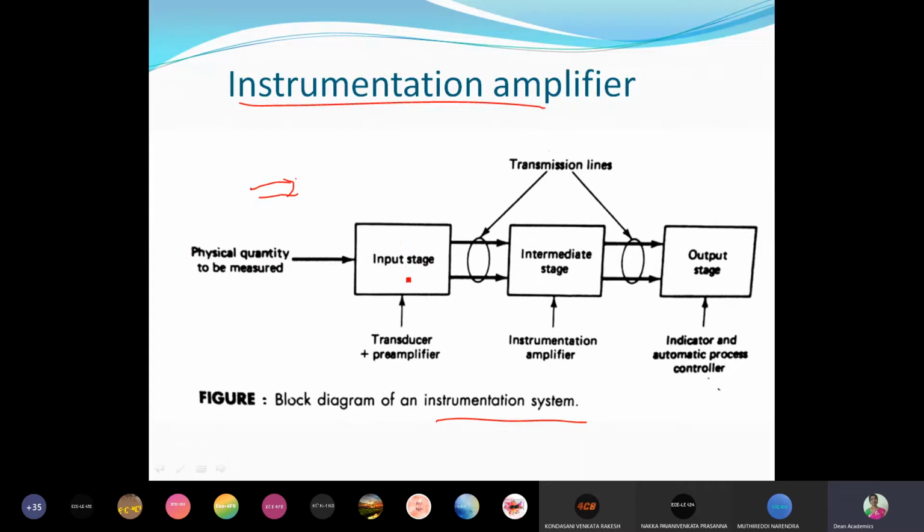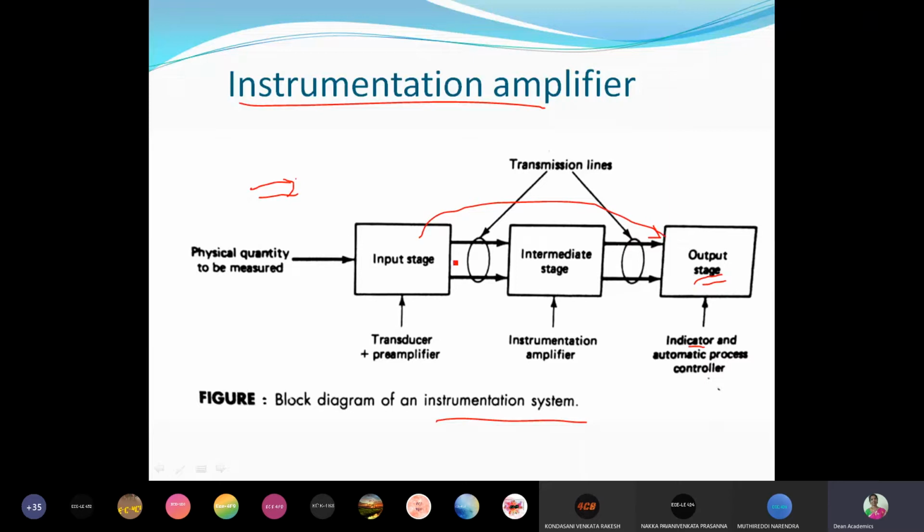After measuring that quantity in electrical form, it should be connected to the output stage. This output stage consists of displays, indicators, magnetic recorders, and so on. Sometimes the output of the transducer is not sufficient to drive the output indicators used at the output stage.